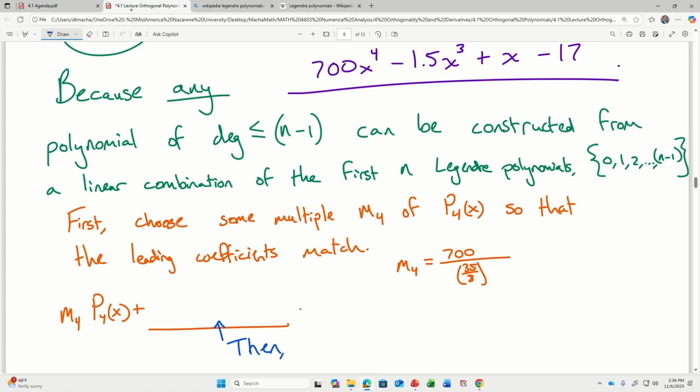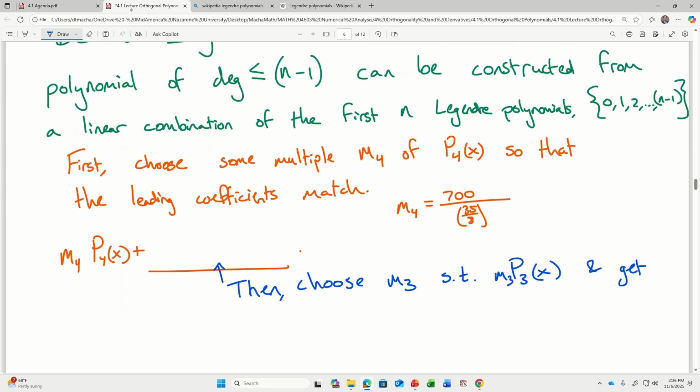Then choose another multiple such that I could multiply the third degree Legendre polynomial times m3 and get the right coefficient on the x cubed term.